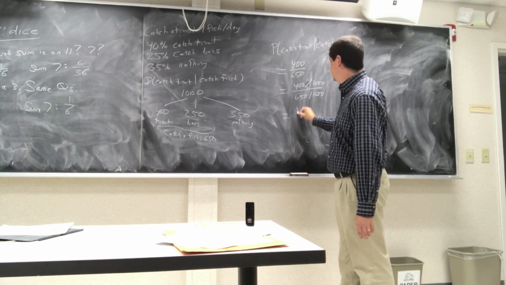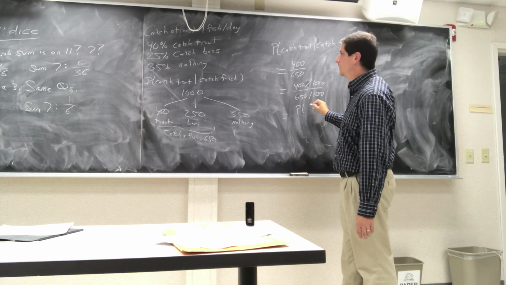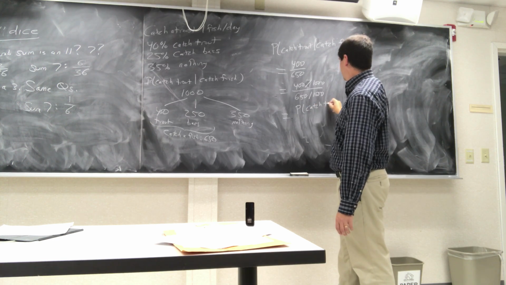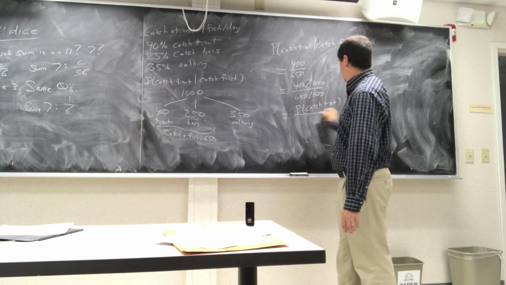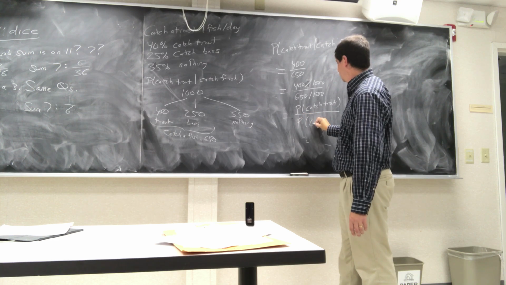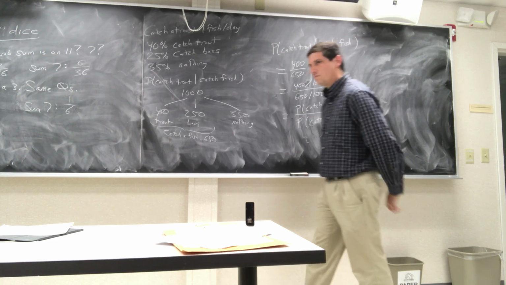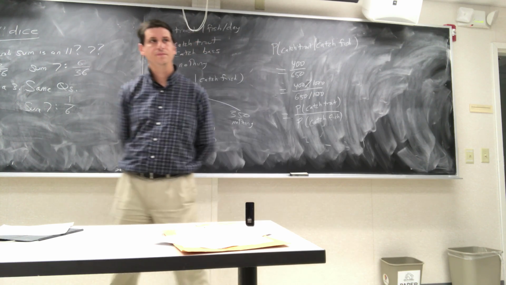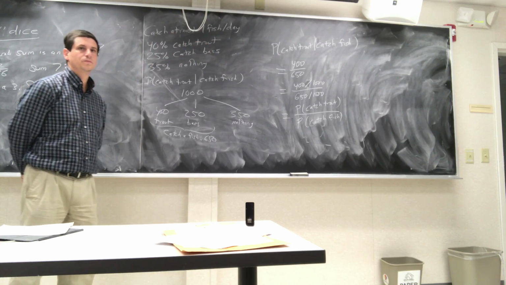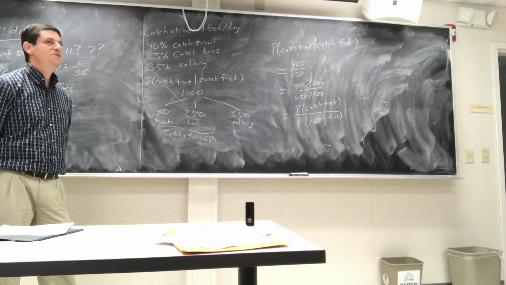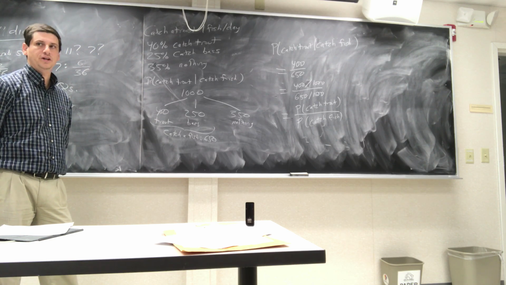And this is the probability of catch trout over the probability we catch a fish. The reason I'm doing this is everything is right, but this is not necessarily going to generalize correctly.